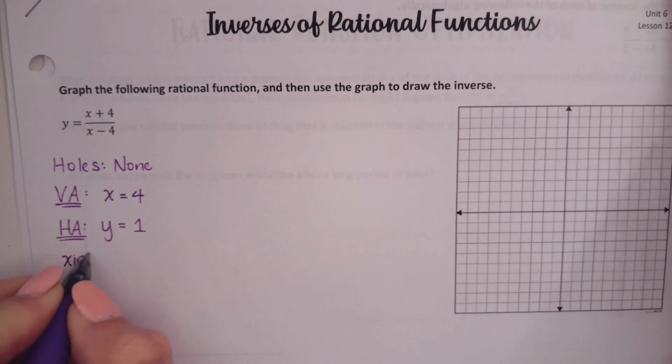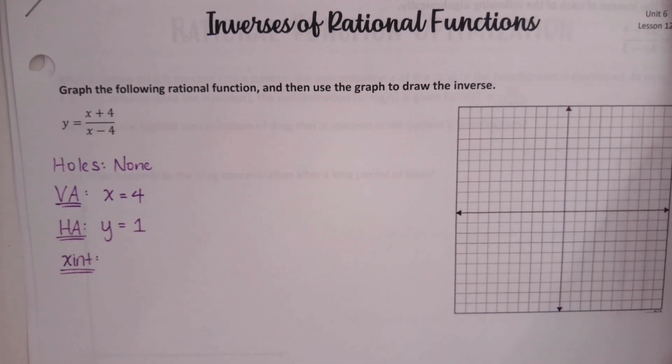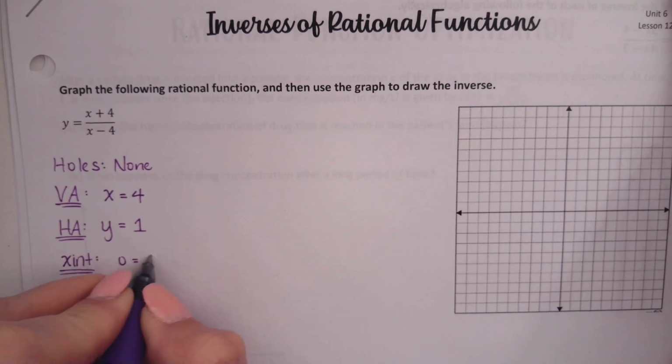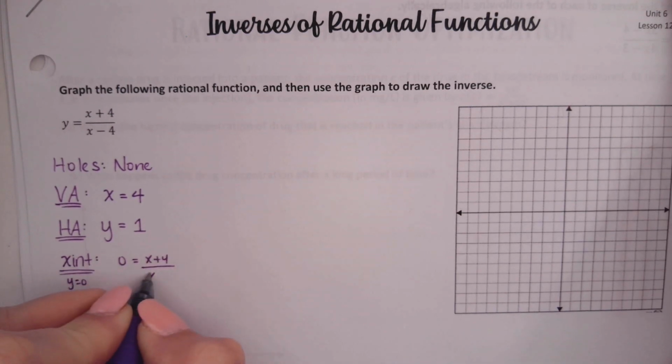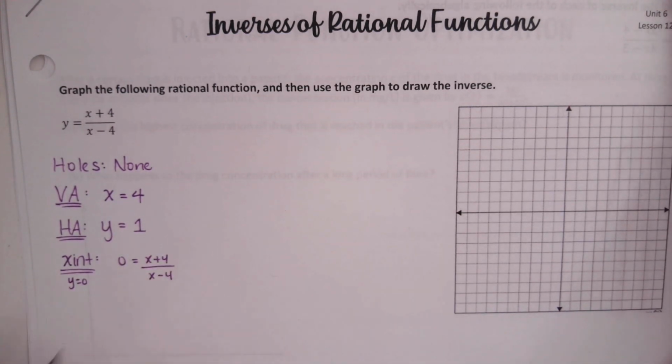And then we find the x-intercept. Remember, that's when y equals 0. So it would be 0 equals x plus 4 over x minus 4. If you multiply by the denominator, it'll cancel and you'll get 0 equals x plus 4, which means x equals negative 4. So that's going to be at (-4, 0).